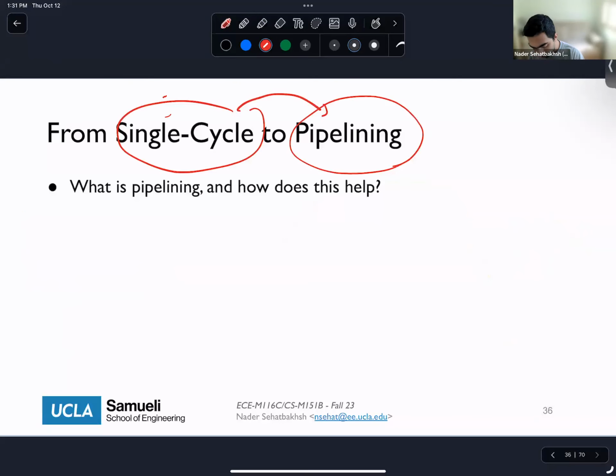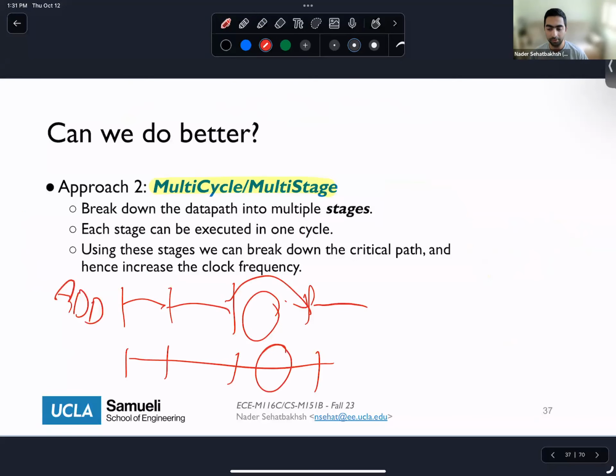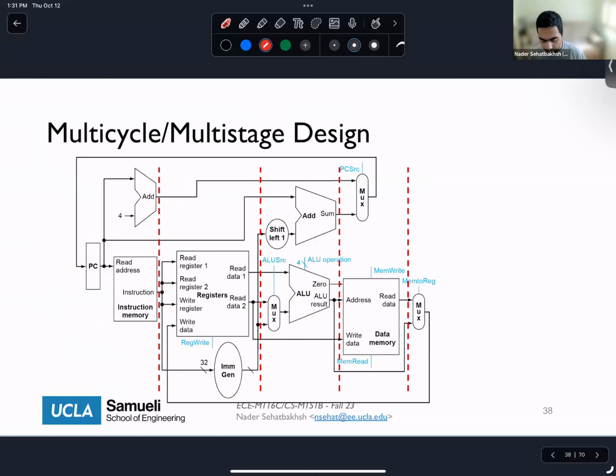So I'm really not going to talk about multi-cycle at all in this class because it's not something that anybody is using anymore. Instead, what we are using is what we call a pipeline, or multi-stage pipelining, okay?